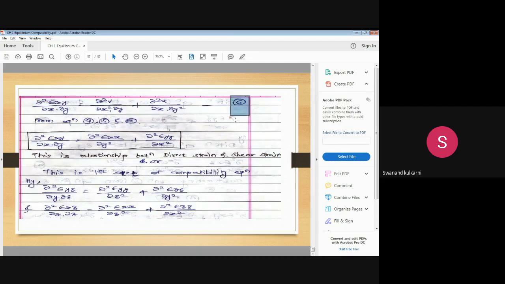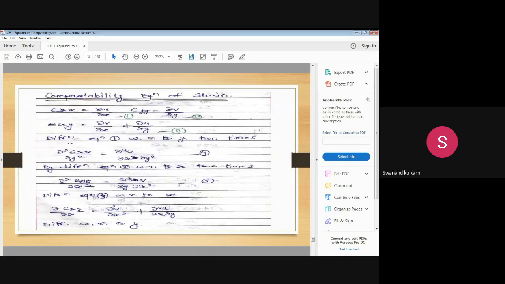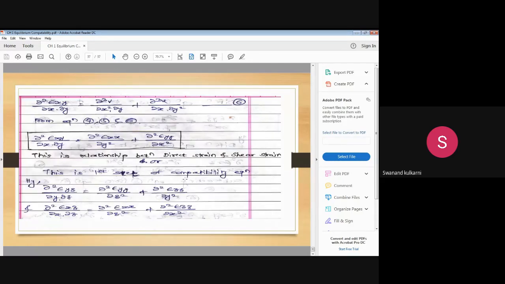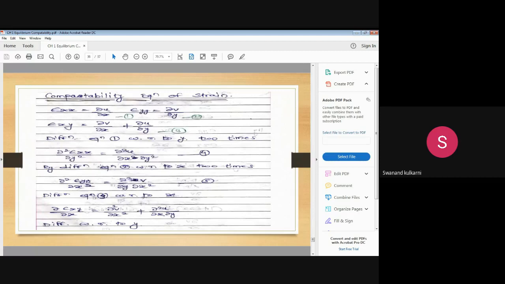Here you can write it as equation number 6: ∂²epsilon xy/∂x∂y is equal to ∂³v/∂x²∂y plus ∂³u/∂x∂y². So this is equation number 6. Then from equations 4, 5 and 6. What is equation number 4? This is equation number 4 here. What is equation 5? This is equation number 5 here. What is equation 6? This is equation number 6 here. Is it okay?